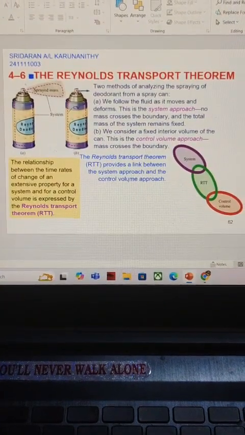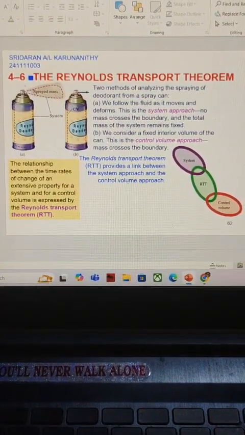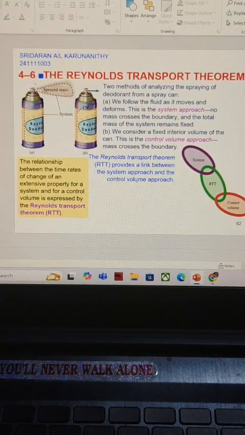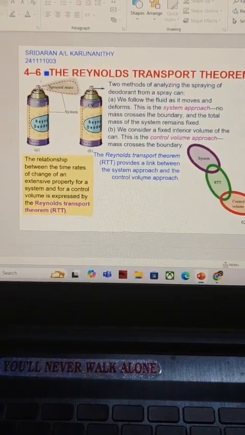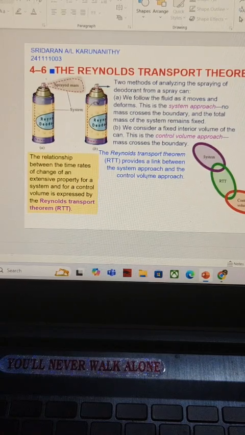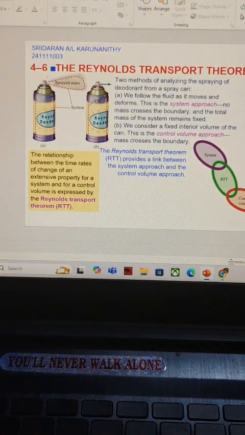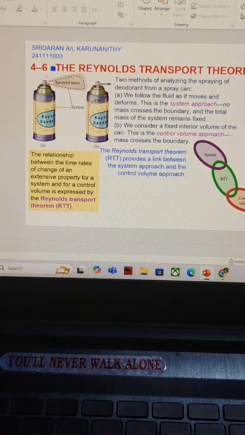This connection helps us understand and analyze dynamic systems more effectively, combining both perspectives. In summary, RTT provides the necessary framework to link the physical understanding of fluid in motion with practical engineering analysis.